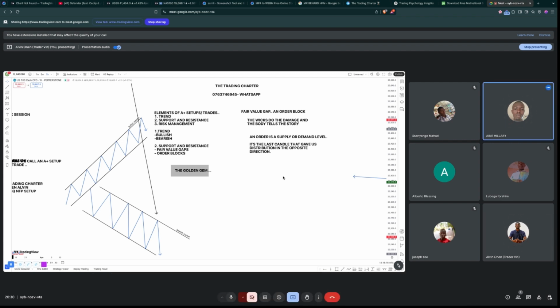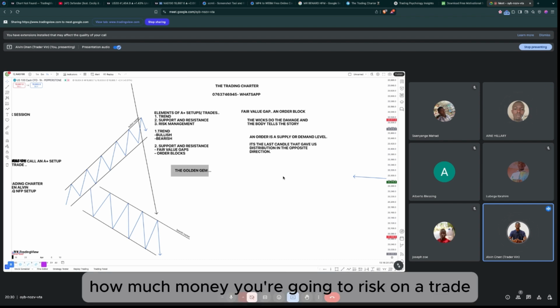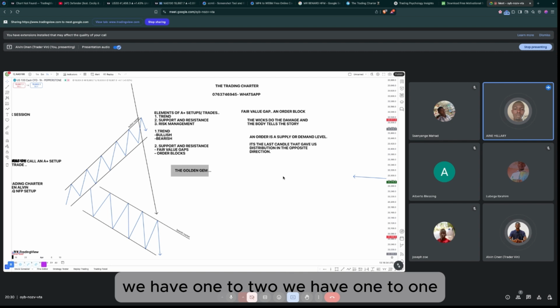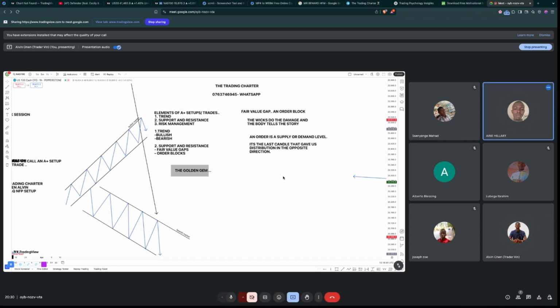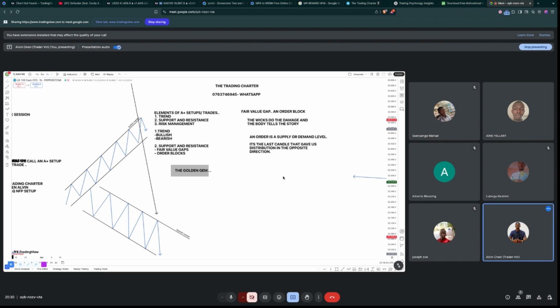You understand? A risk to reward ratio is going to stipulate very well how much money you're going to risk on a trade to gain how much money. So for example, the risk to reward ratios that we have are 1 to 2, 1 to 1, 1 to 3, 1 to 5, 1 to 10. You understand? I think you guys are understanding that, right?